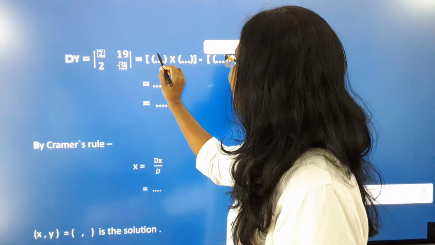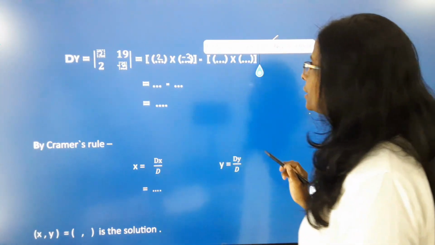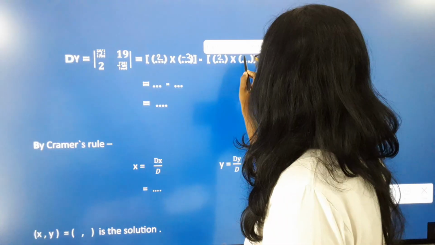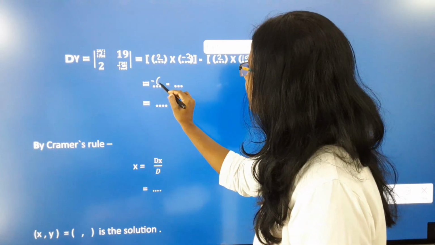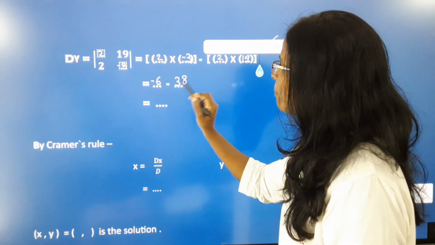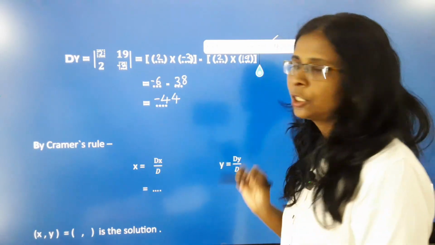So here 2 multiplied by minus 3, then minus 2 multiplied by 19. So 2 multiplied by minus 3 is minus 6, minus 38. So minus 6 minus 38, that means minus 44.